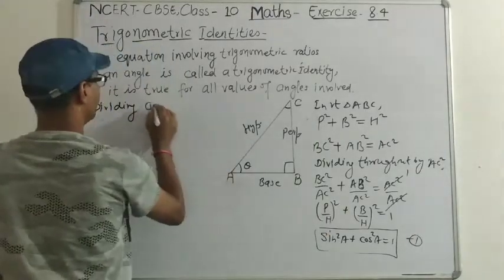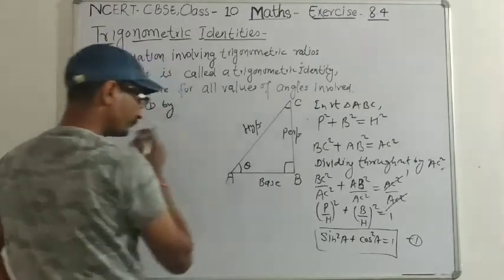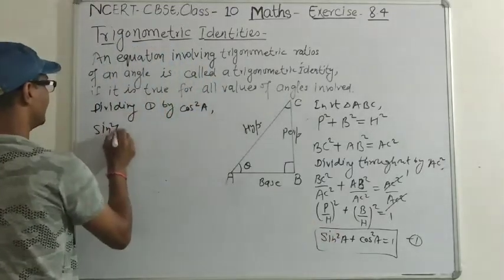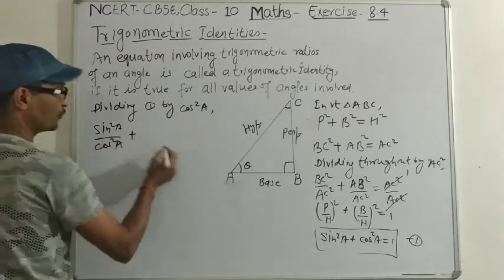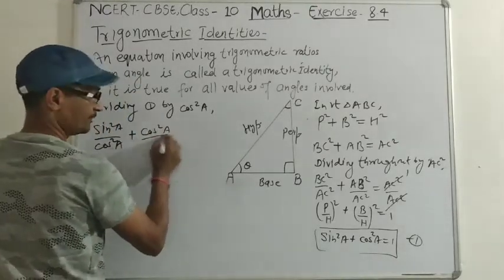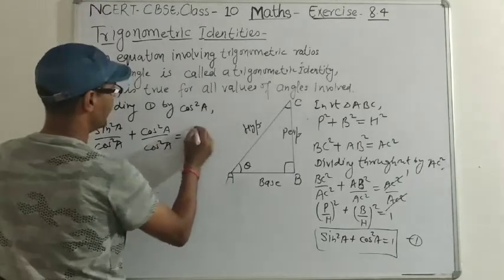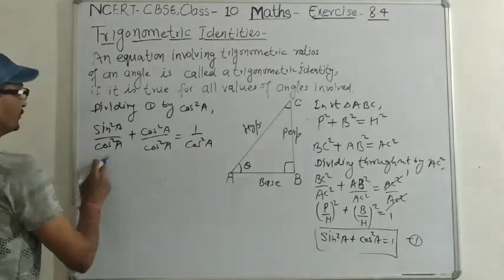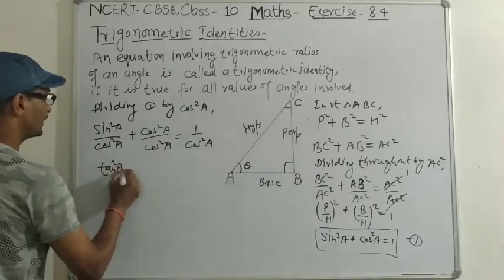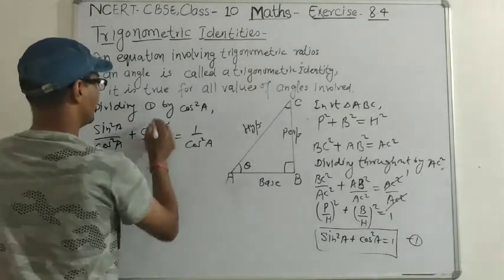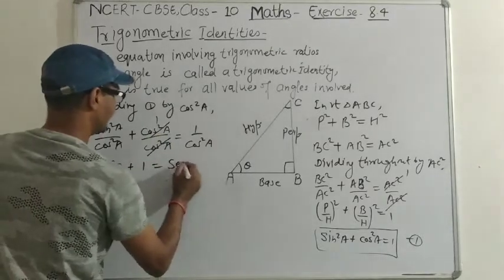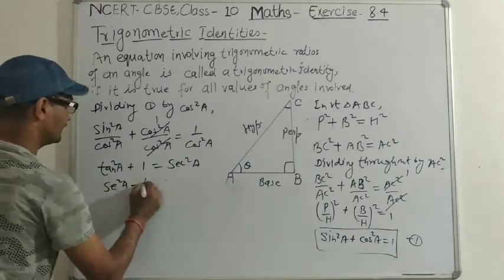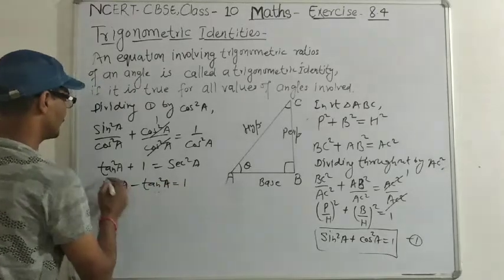Dividing this equation 1 by cos square A on both sides, we get sin square A by cos square A plus cos square A by cos square A equal to 1 by cos square A. Sin by cos is tan, so tan square A plus 1 equals sec square A. That means sec square A minus tan square A equal to 1. So it is the second identity.